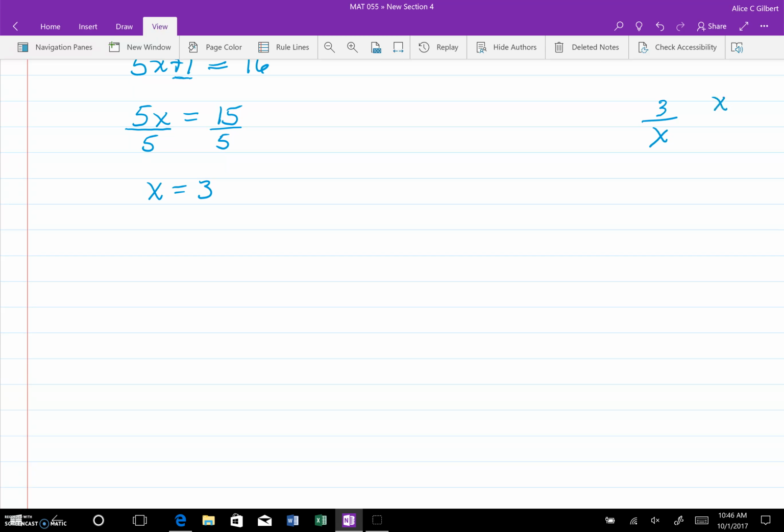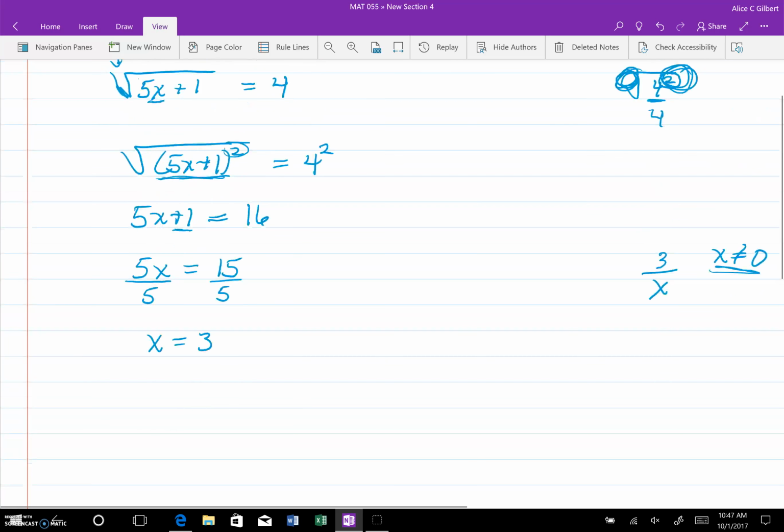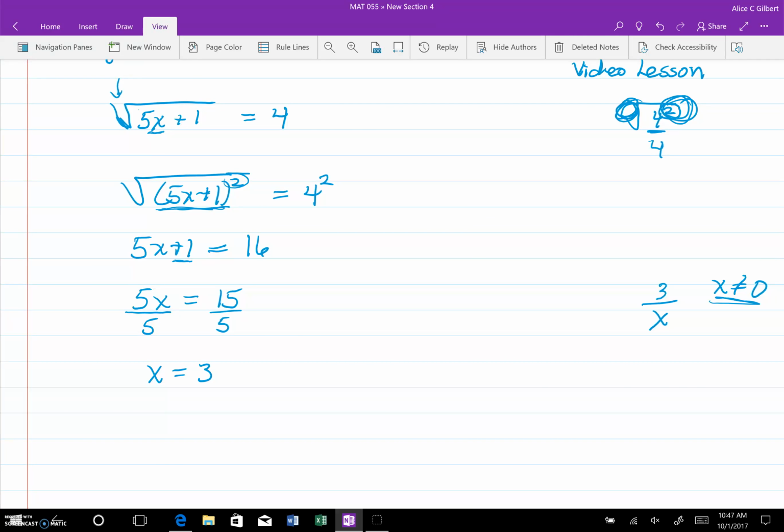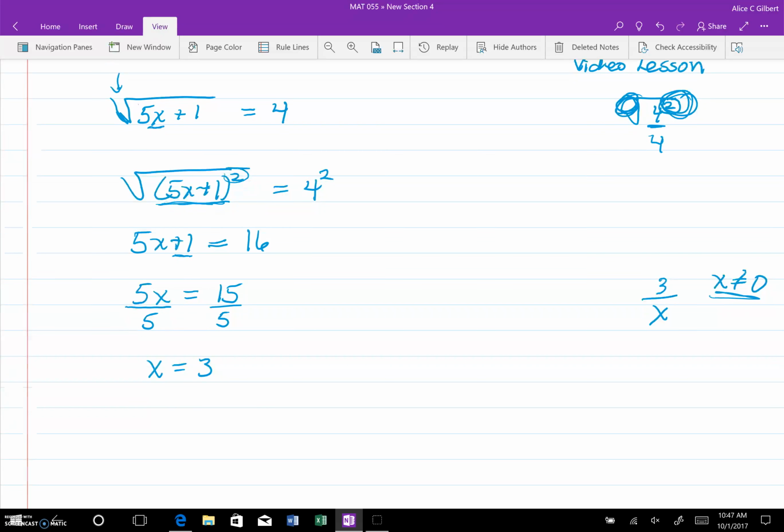Remember how we were doing an x cannot be something in the last unit? Well, those we always need to check, and we do it by doing this. And then if x comes out to be 0 in the end, then we know we can't use it, okay? The other one is radicals, because once again, we could have what's called an extraneous answer. It's a real answer to our equation, but we can't use it because of the kind of problem we have.